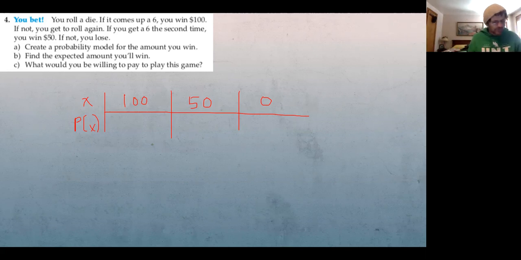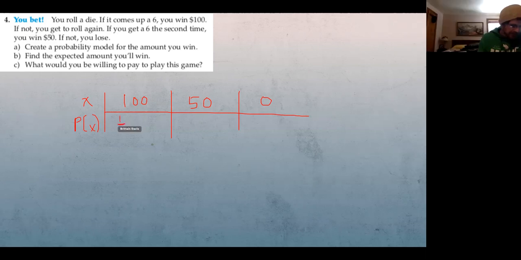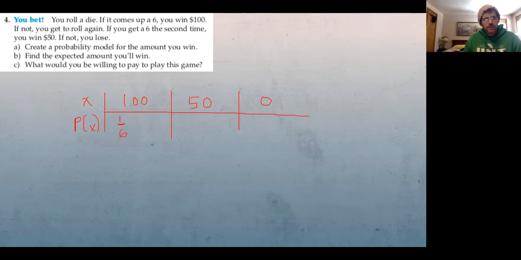So what's the probability we win $100? 1 in 6. We'll worry about the fractions later, or the decimals. We'll convert this later. What's the probability that we get $50?